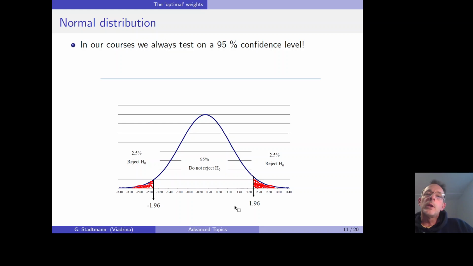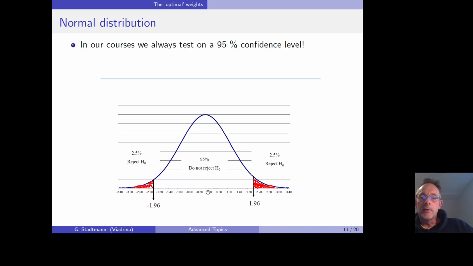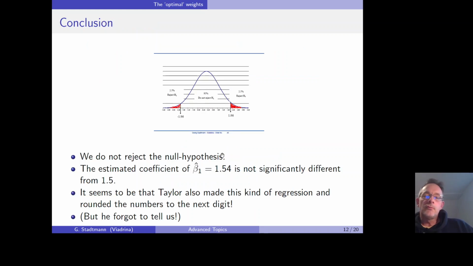In our course, we always want to test on a 95% confidence level, so the following graph helps a lot. We have to find the estimated t-value of 0.2, which is here. So our conclusion is we do not reject the null hypothesis, and therefore the estimated coefficient equal to 1.54 is not significantly different from 1.5.